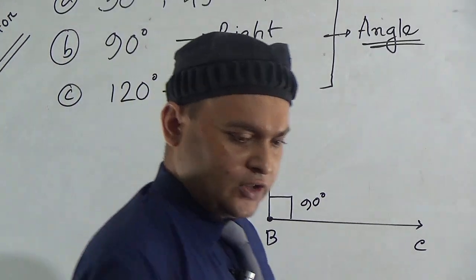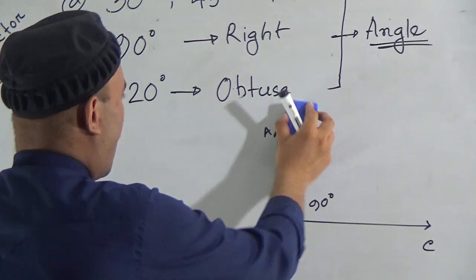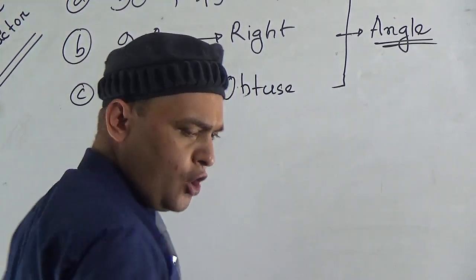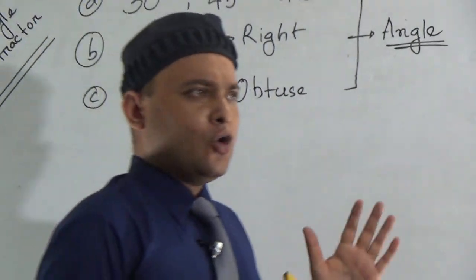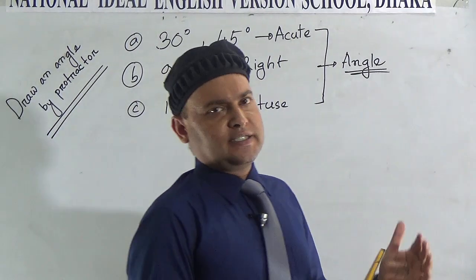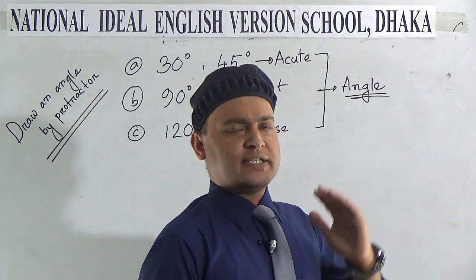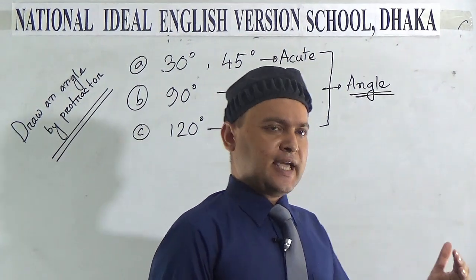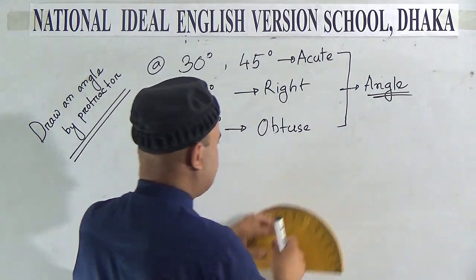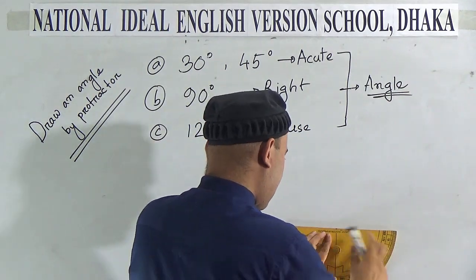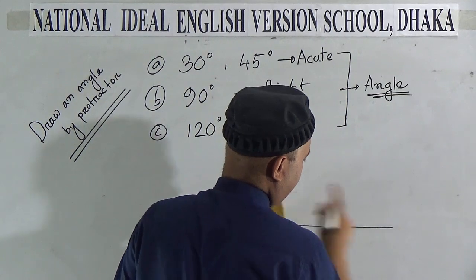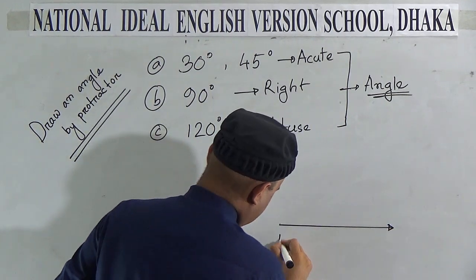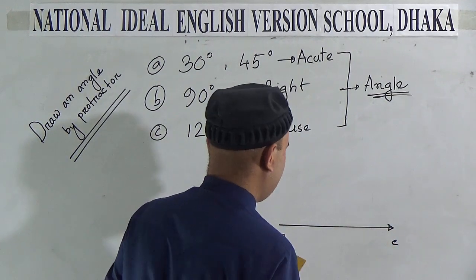Now let's go to the next one, which is the obtuse angle. An obtuse angle means the measurement of an angle which is greater than 90 degrees but less than 180 degrees. Now in a similar way we can draw a ray called BC.